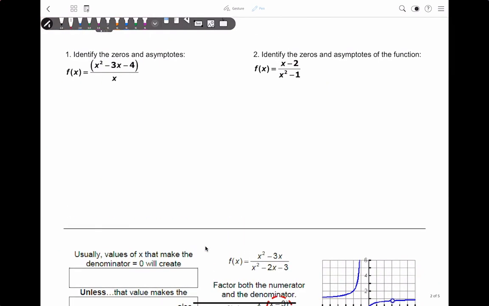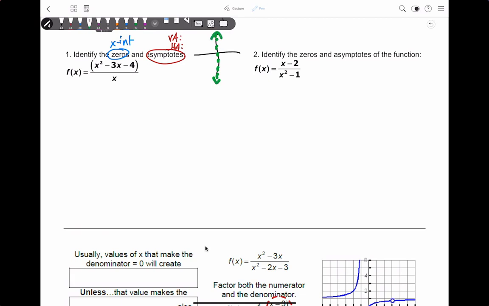First of all, identify the zeros and asymptotes, okay? So the zeros of the function, I'm talking about when does it cross the x-axis, the x-intercepts, if you will. And the asymptotes are going to be the vertical asymptote and the horizontal asymptote. Okay, so we know that these rational functions have a vertical asymptote of some kind, which is by default the y-axis.